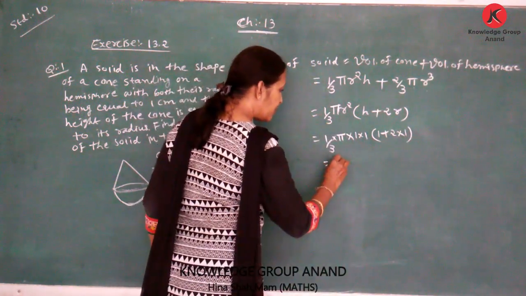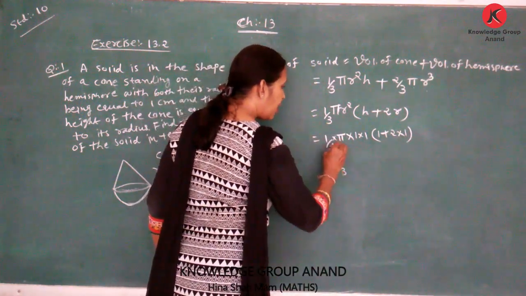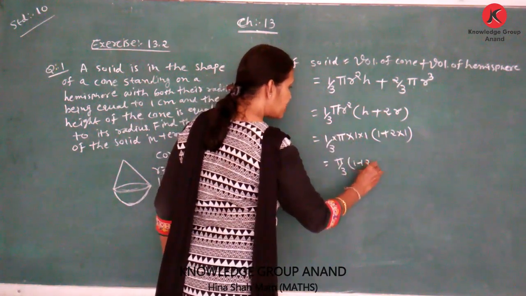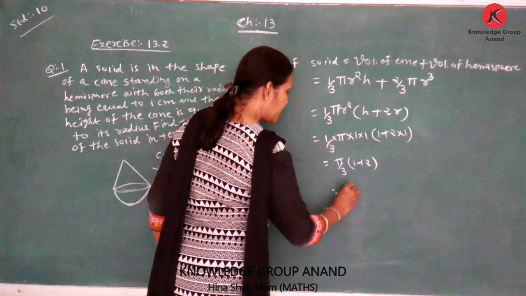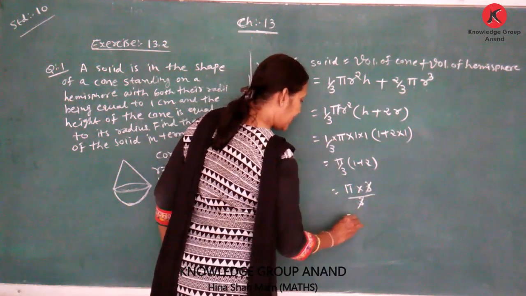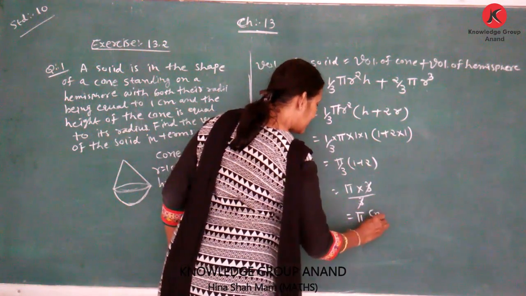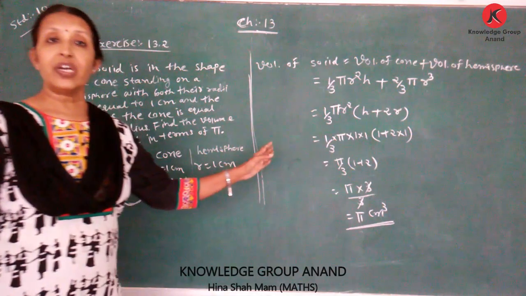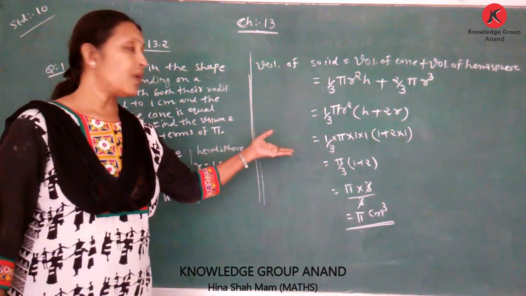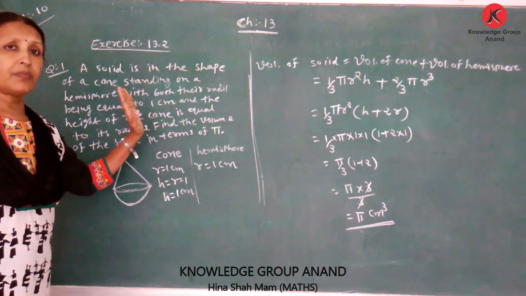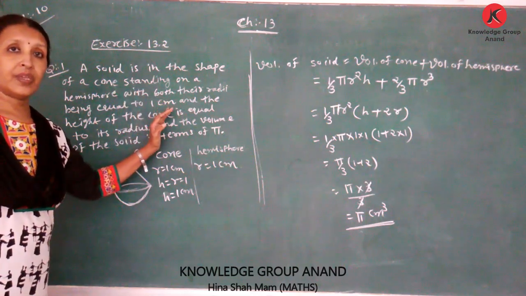It is 1/3 pi times 1 plus 2, which is pi into 3 divided by 3 equals pi centimeter cube. It's a question for 2 marks or 3 marks. So easy question.